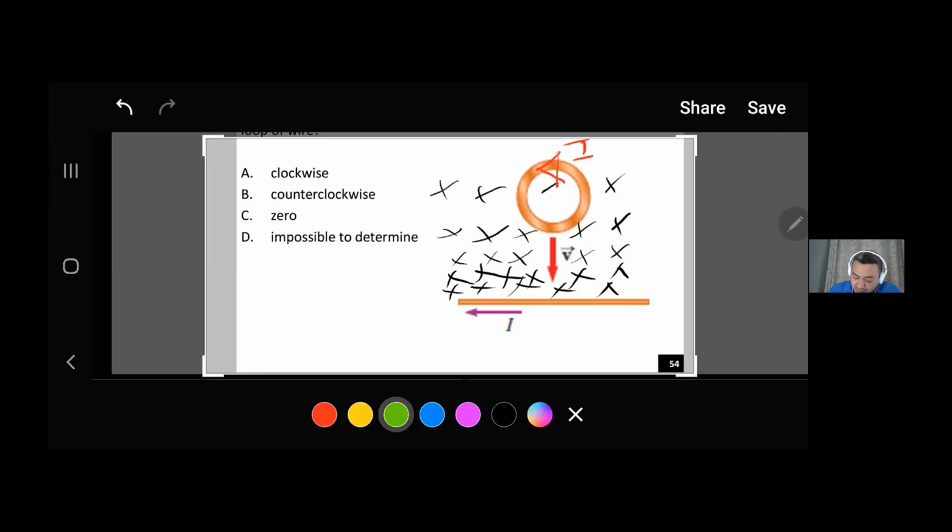Now look what's going to happen below the wire. It will be the opposite, right? The magnetic field will be pointing out of the screen. So if this loop now continues to go below that wire, the magnetic field will start to decrease into the screen, which basically is going to result in an opposing magnetic field coming out of the screen.